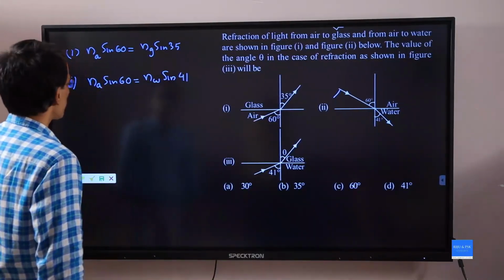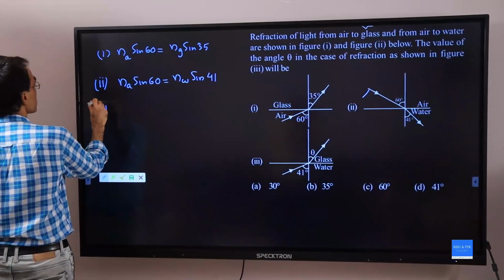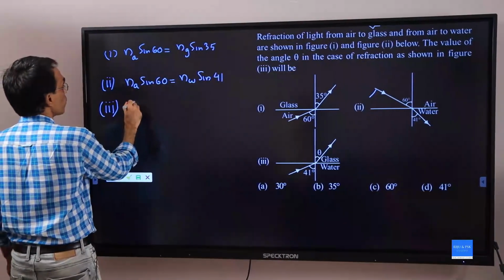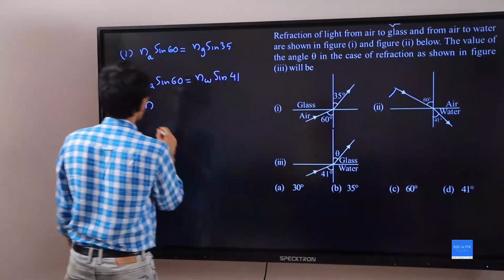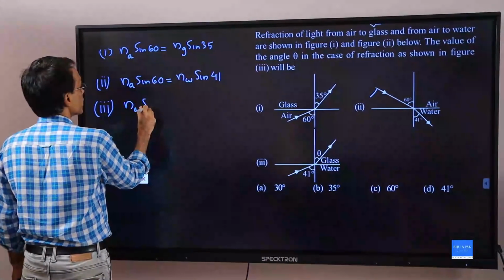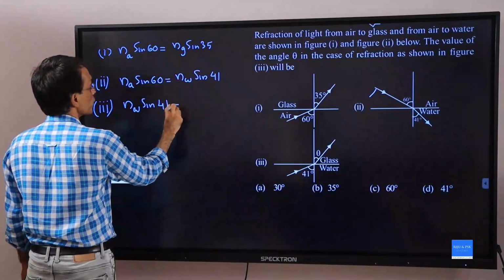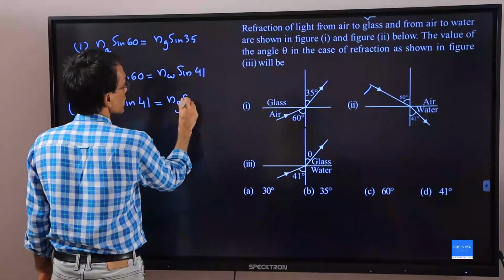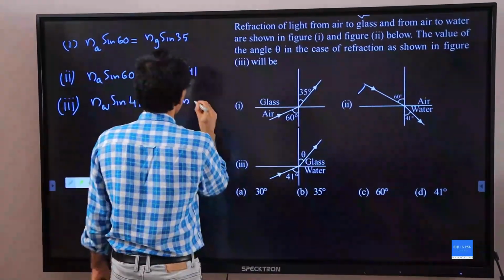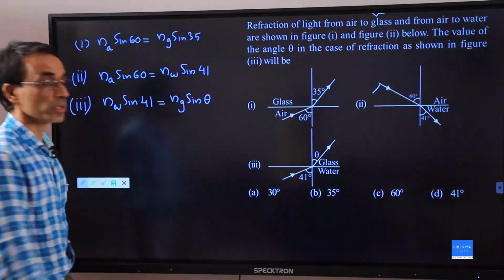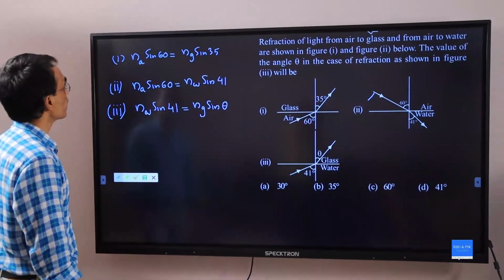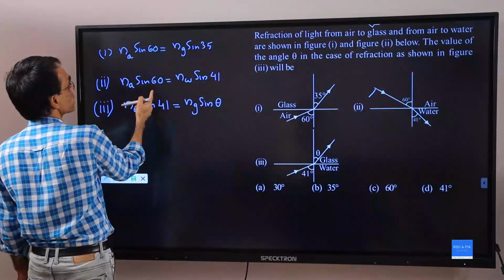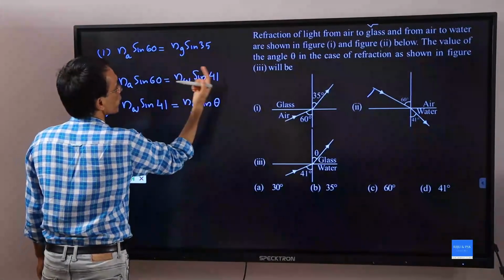Snell's rule. For the third diagram, it is going from water at 41 degree, N water sin 41 should be equal to, this is glass, N glass sin theta, where the angle is marked as theta. So we got 3 equations. Now can you compare? N air sin 60 equals N glass sin 35, equals N water sin 41.